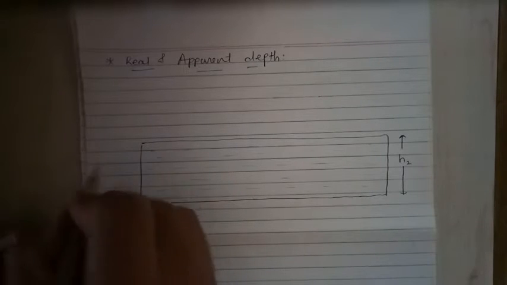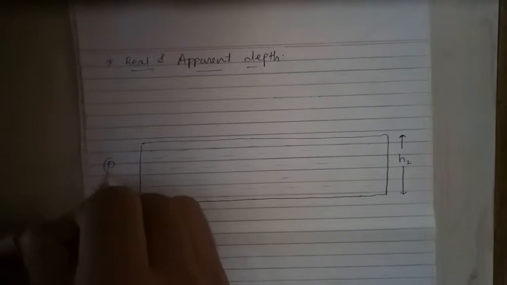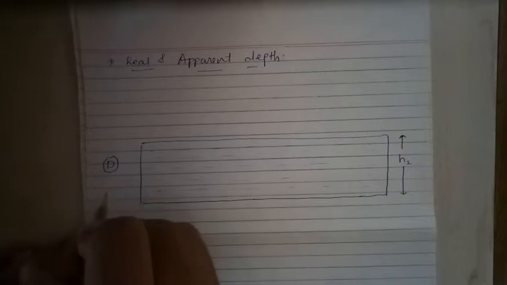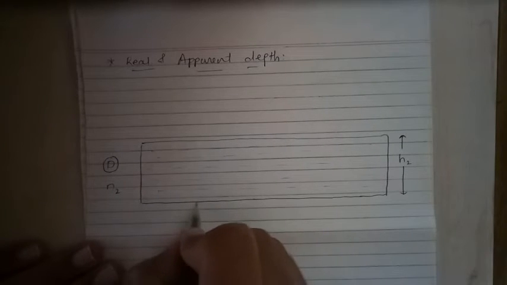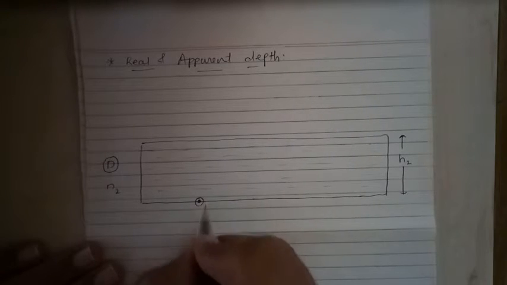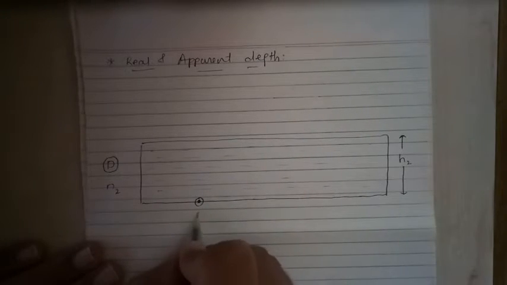So here I denote it by D. This is a denser medium having refractive index N2, right? Here this is the bottom of the tank or swimming pool. Here consider this point O.